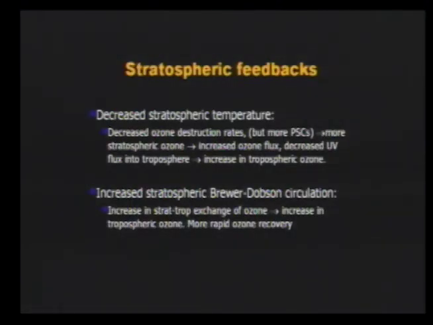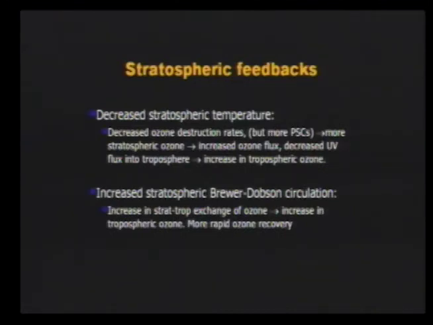Now, we should not forget the stratospheric feedbacks into that. We expect in the future a decrease in stratospheric temperature, which means that we expect a decrease in the ozone destruction rate, except in the high latitude regions where more polar stratospheric clouds would be present under a colder stratosphere.